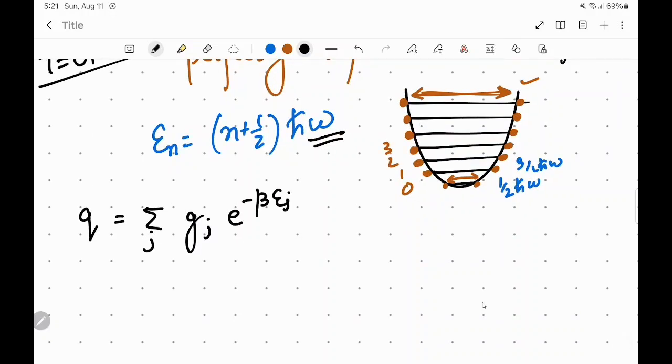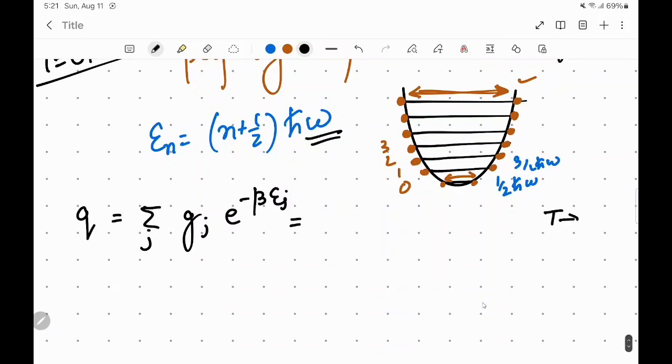This is true for each and every mode, whether vibrational, rotational or translational. When T tends to zero, beta tends to infinity, and beta tends to infinity means only g0 will be there.